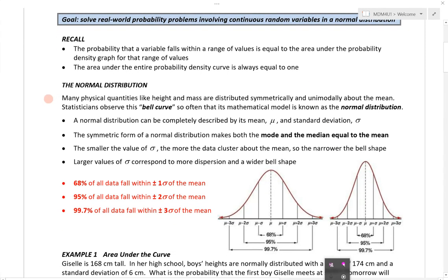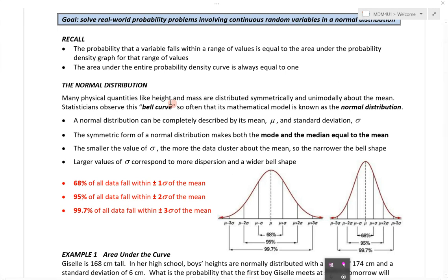All right, so we have a normal distribution. So many physical quantities like height and mass are distributed symmetrically and unimodally about the mean. Remember, unimodally means one hump. So around a mean value, you have a kind of bell-shaped curve that falls off on the left and the right side.